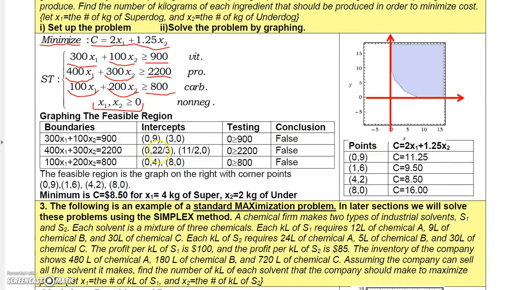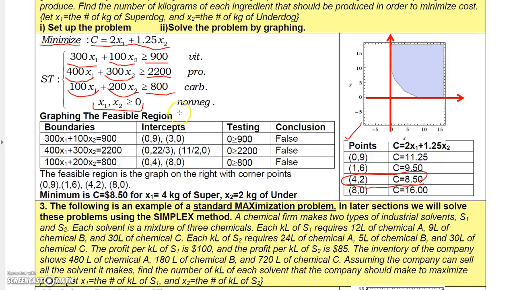So then you can graph this, and you can just do this by practicing it. And these are your 4 corner points. And then if you plug each of those corner points into the objective function, you'll see that you actually get a minimum of, let's see, we get a minimum of $8.50 at the point (4, 2).